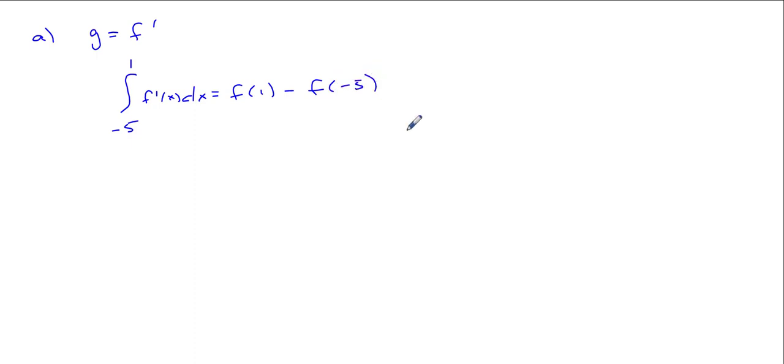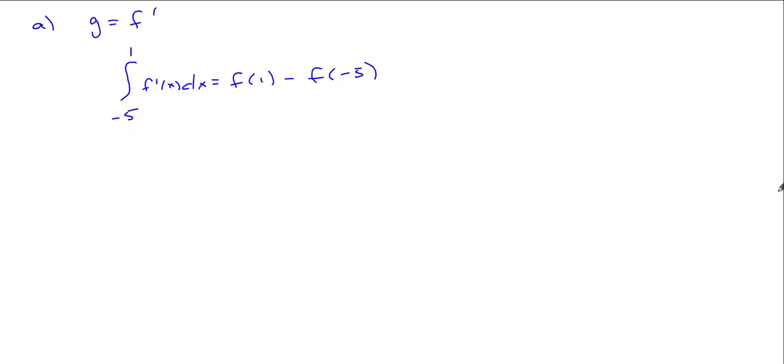Again, when in doubt, first fundamental theorem of calculus. That's going to help you. And why? Because it connects the derivative with the antiderivative. Now, we know that f prime is equal to g, right? So you could write it as g right here. That's fine, or leave it like this.